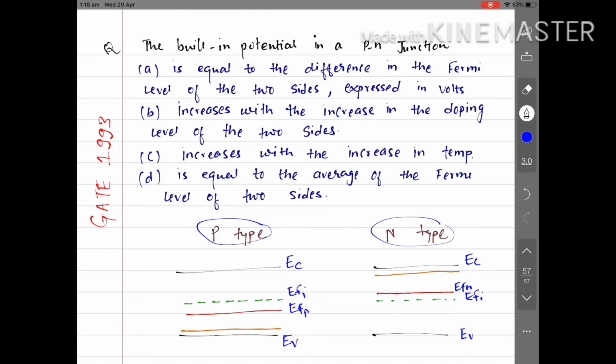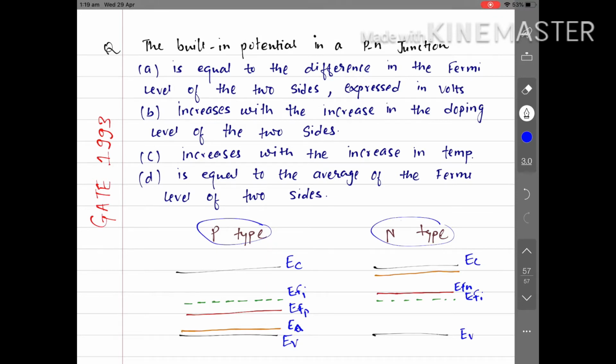As we know, p-type material has acceptor impurity and n-type has donor impurity. When we add an acceptor or a donor impurity, there will be a level right above the valence band in p-type material. This is called the acceptor level, E small a.